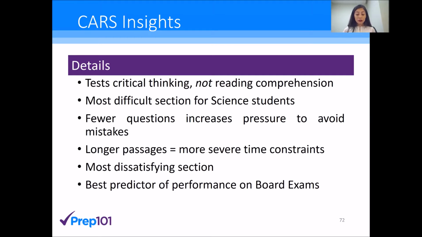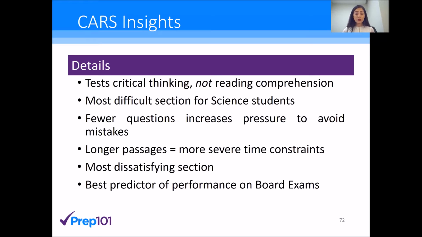So you have to be able to pull it together no matter how well or how poorly you think you performed on CARS, and know that you still have half of this exam to go. Know that people think it is the most dissatisfying section of their whole exam. However, that's a feeling everyone practically has unanimously, and you will not be sure, and you cannot let those feelings bother you in terms of how well you perform on the rest of this section or on the next sections.